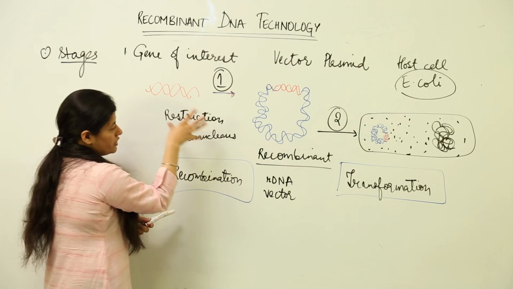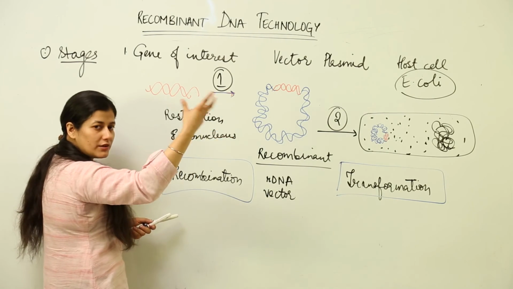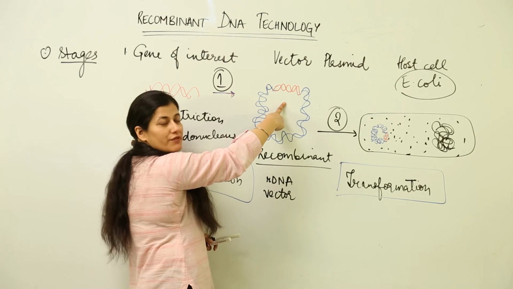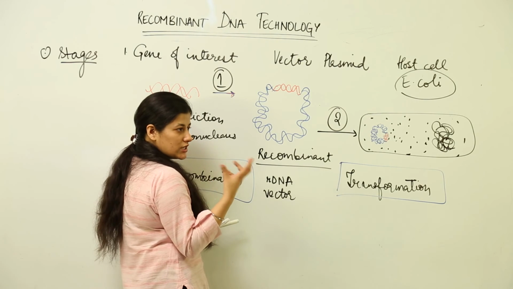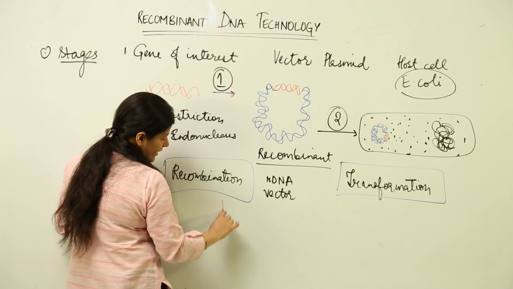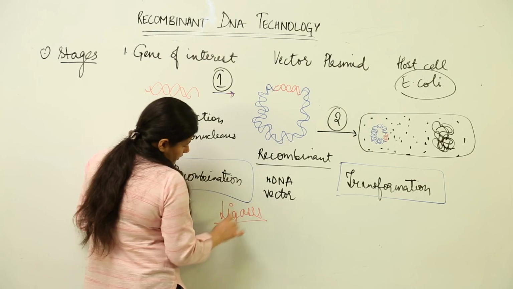In the first step, we use restriction endonucleases to cut the gene of interest from the given genome wherever it is found, then incorporate that gene of interest into the vector using certain binding enzymes, those are known as ligases. We have studied about it in genetics.